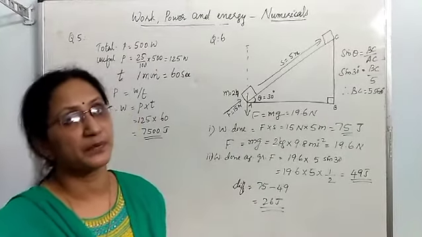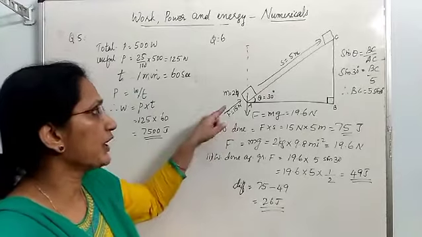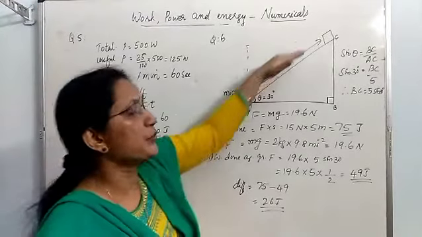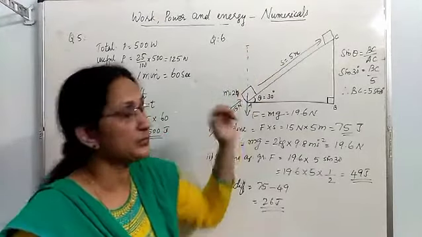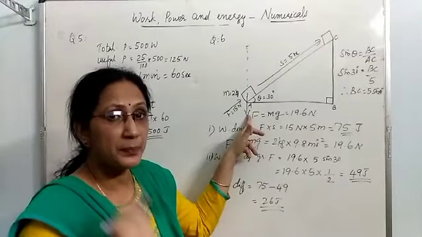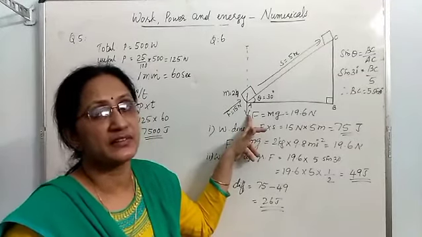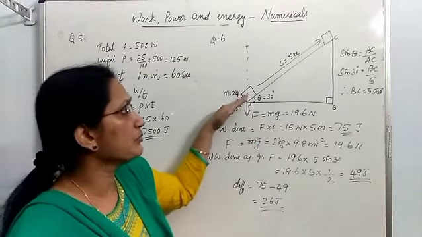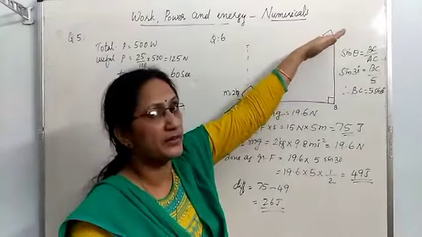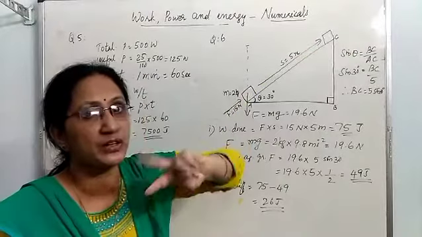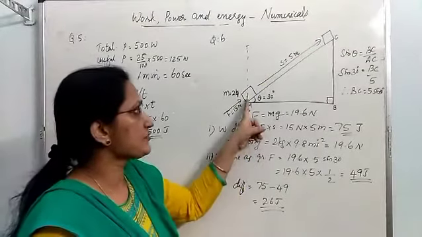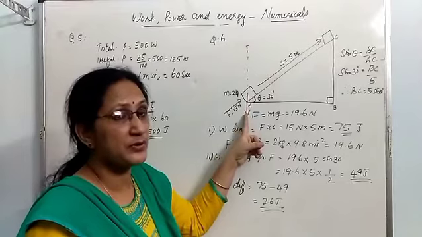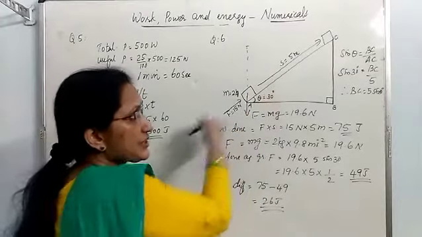Let us see for what purpose it might have used. While this body moves upward, it has to overcome the gravitational force plus one more force acting here, that is frictional force. While the body moves along this inclined plane AC, it has to overcome two forces. One is gravitational force, and the other one is the frictional force.